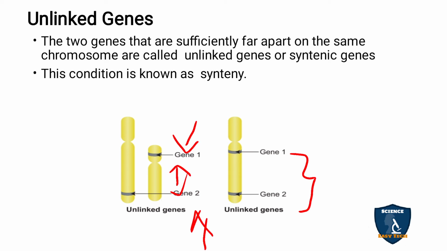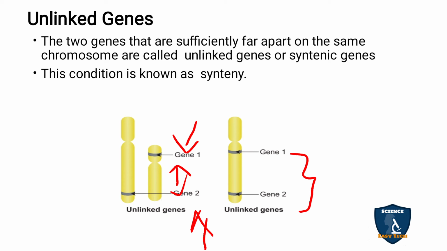So they are called unlinked genes, and this phenomenon is called synteny, and these genes are also called syntenic genes. The two genes that are sufficiently far apart on the same chromosome are called syntenic genes or unlinked genes, and this condition is known as synteny.